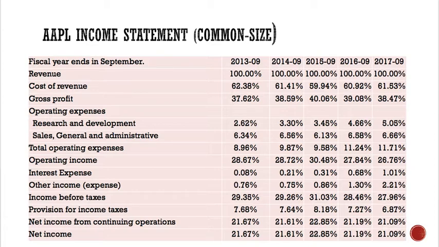We can tell, oh, in the past 5 years, the percentage of net income, actually this percentage in accounting is called the profit margin, a financial ratio.